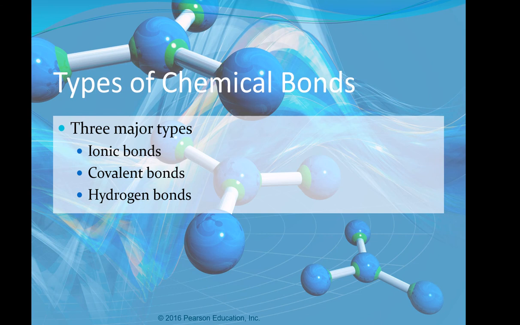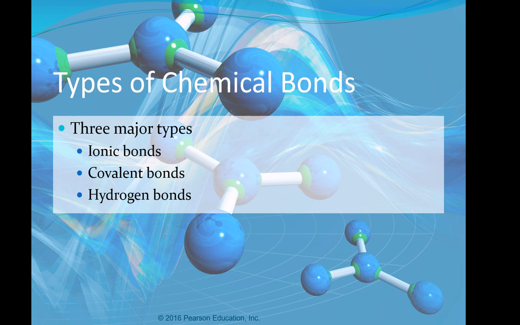So again, from the top, as it were, hydrogen bonds are the least stable. They are not true bonds. They are an attractive force. Ionic bonds are more stable than hydrogen bonds, but less stable than covalent bonds because one atom takes away from another atom.